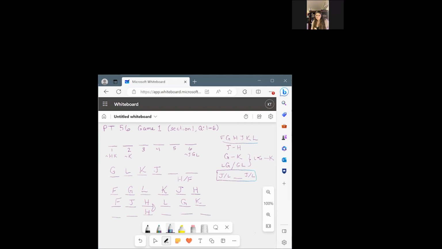And I know that J is going to have to go before H. And that if J goes in 1, then L has to go in 3. So J has to go in 2. And in my brain, it feels like we're starting to end up with the same situation because we know that L has to go in 3.